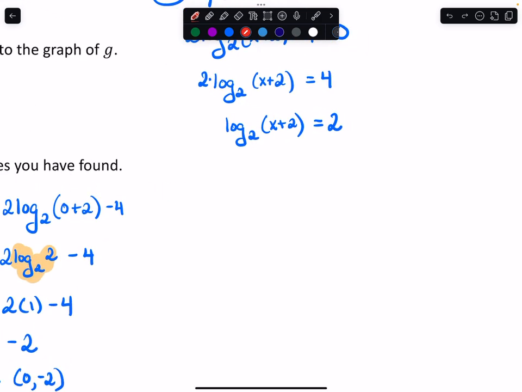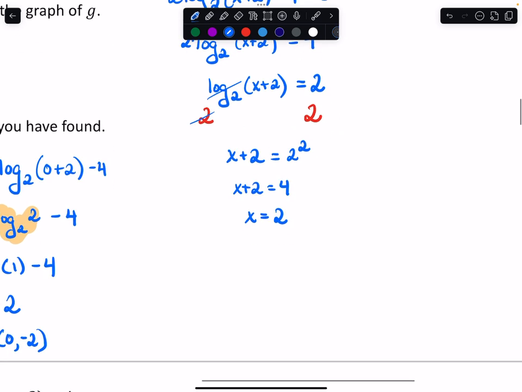How do you undo log base 2? You exponentiate both sides with a base of 2. That's how that happens. It's not magic. On the right, you have 2 squared, which is 4. So I get x plus 2 is 4, so x is 2. Therefore, my x-intercept is at (2, 0).